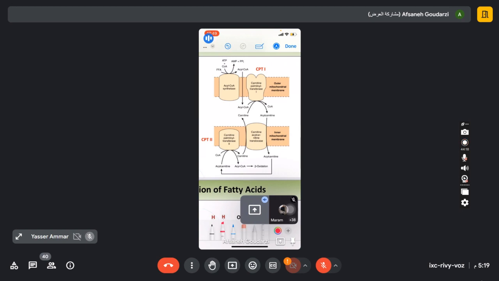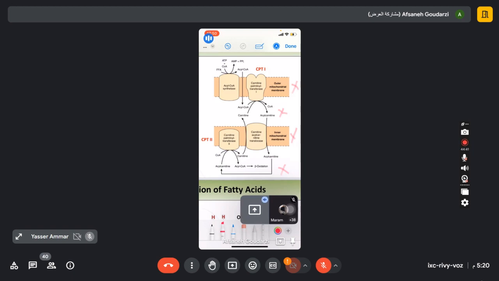This is the outer membrane of the mitochondria. It's a bilayer. This is the inner membrane of the mitochondria. Again, it's a bilayer. And here is the matrix of mitochondria. Here is the space between the outer membrane and the inner membrane.